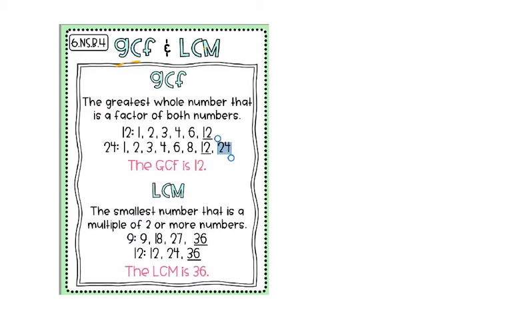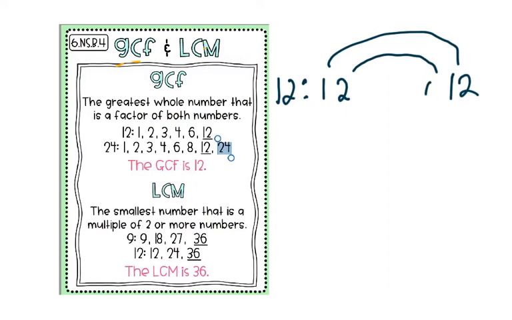So if I have 12, I'm going to write it like this, and I'm going to say my factors for 12 are 1 and 12. So 1 goes with 12. Then I would say 2 and 6. Then I would say 3 and 4. Do you see where the rainbow comes in there?